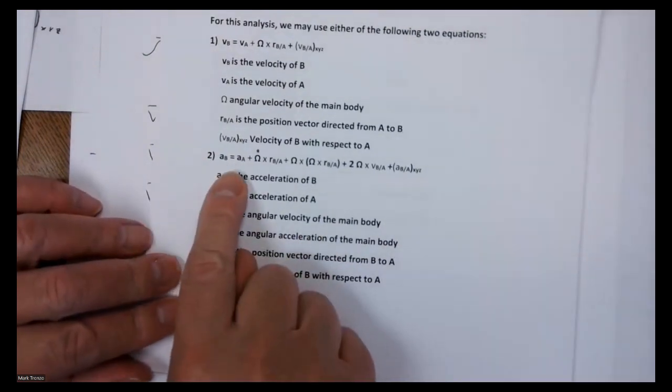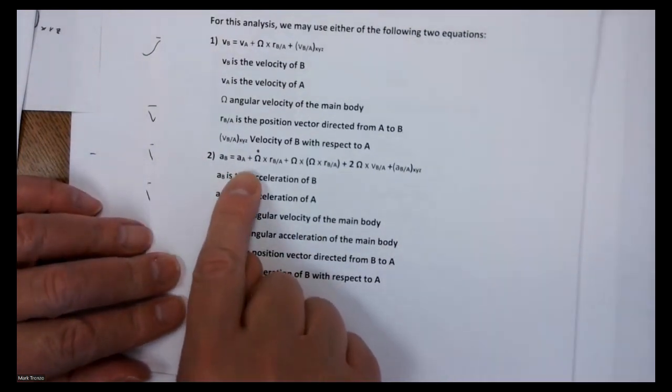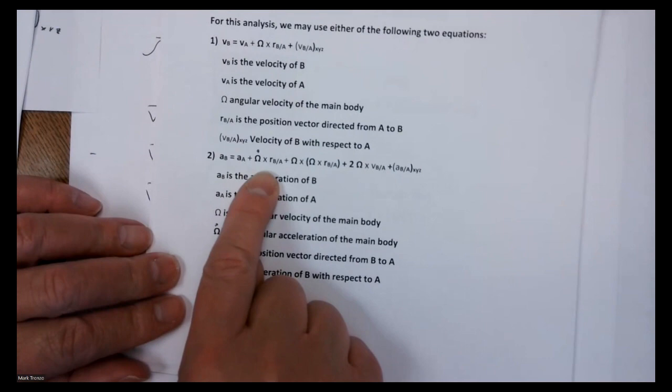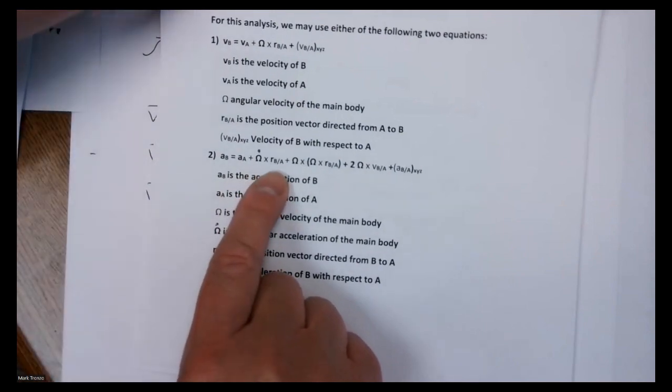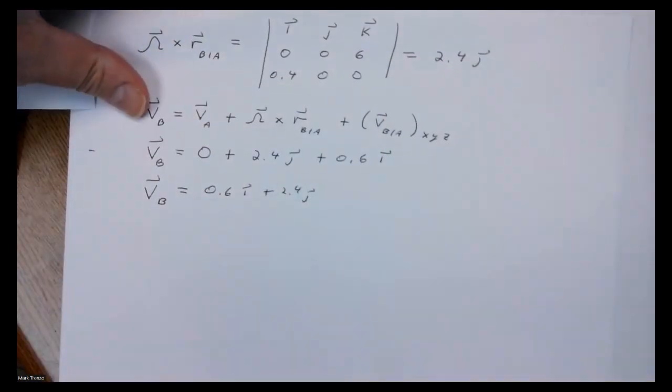Next, we're going to calculate the acceleration of B, and we'll take a look and see what we need. We're going to need omega dot cross RBA. Let's calculate that.